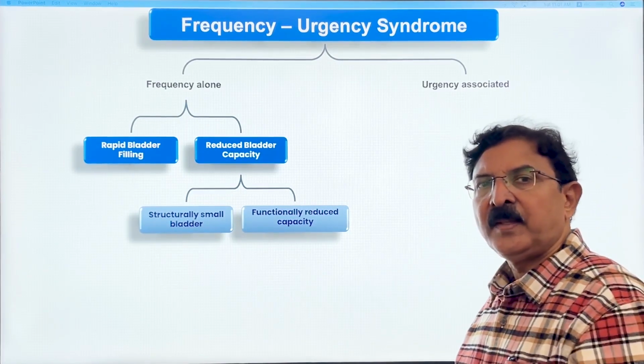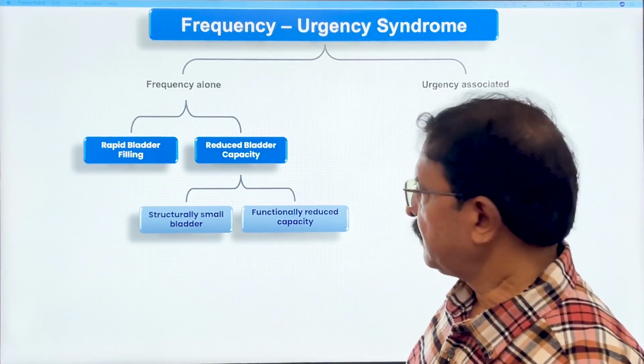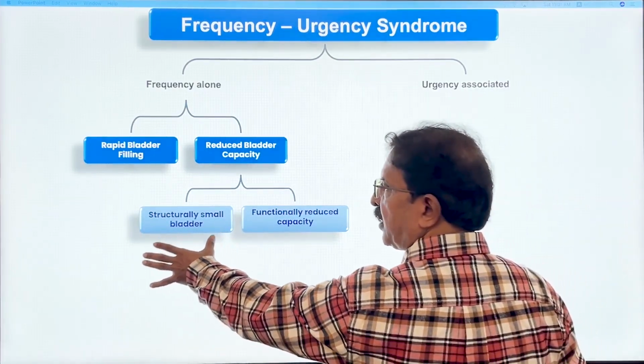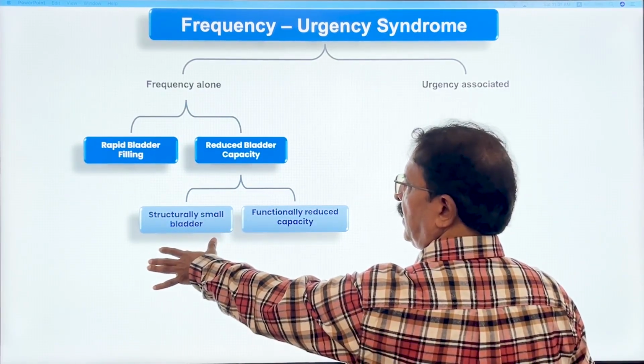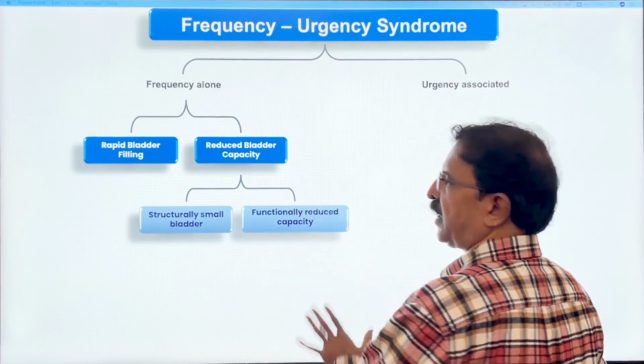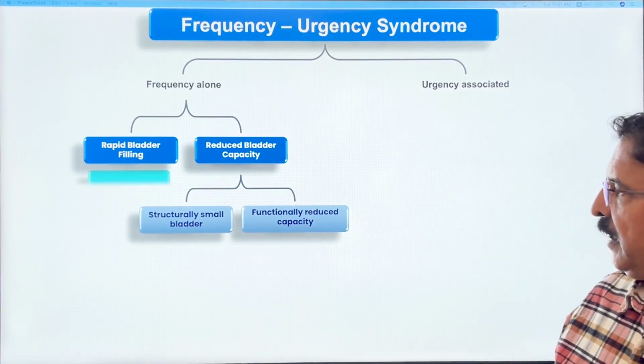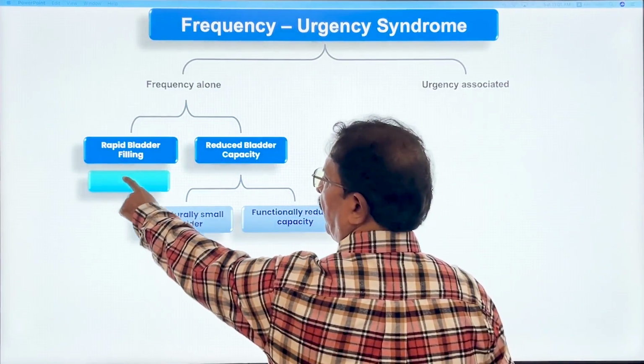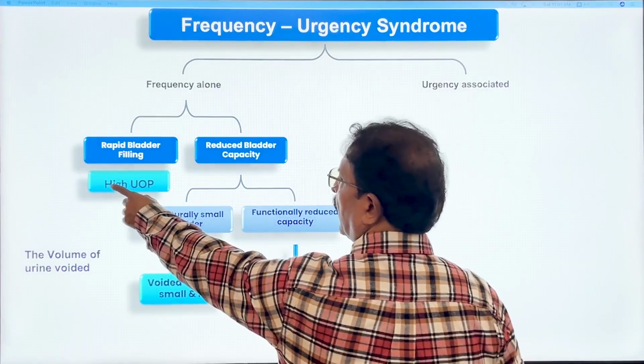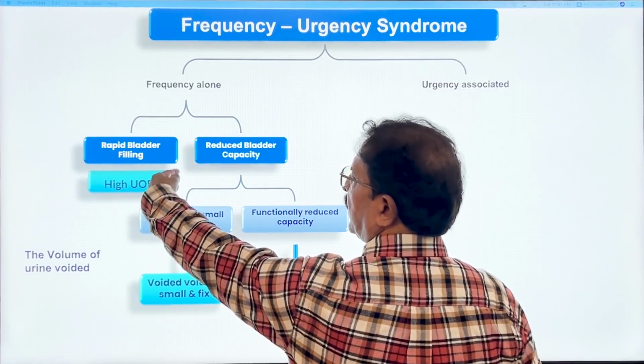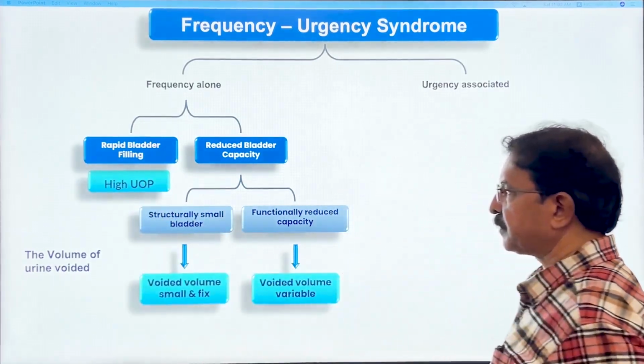So next time the bladder will fill up faster. So this is a morphological reduction in the capacity of the bladder, and this is a functional reduction in the capacity of the bladder. And then rapid bladder filling happens because of high liquid intake and high urinary output.